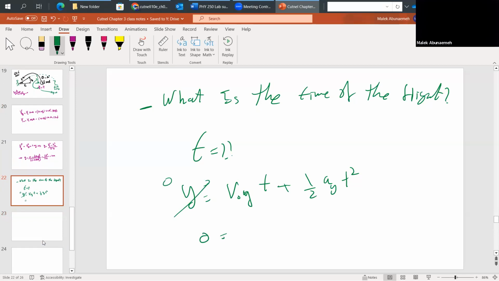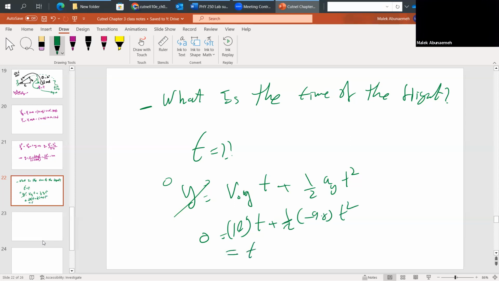So that means 0 is going to equal your v naught y, which is 14, times t, plus 1/2 times minus 9.8 meters per second squared times t squared.